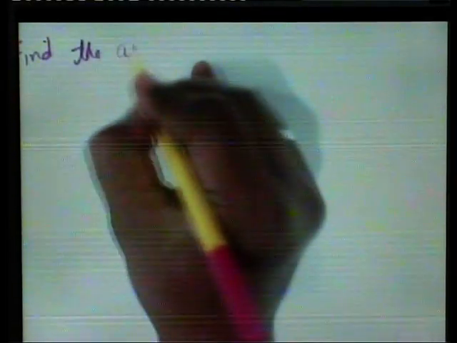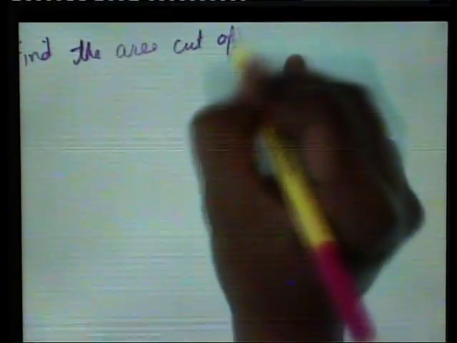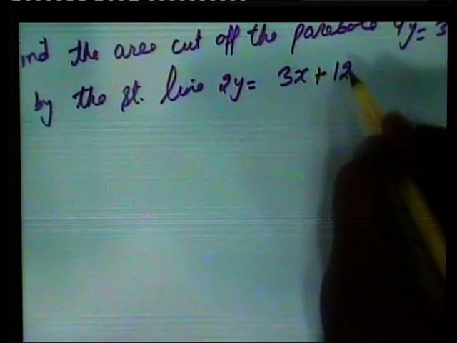Find the area cut off the parabola 4y is equal to 3x square by the straight line 2y is equal to 3x plus 12.